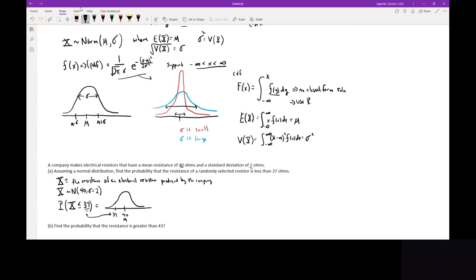And then I like to draw, maybe even in a different color, I'll put it in red. I like to say, okay, I'm going to find the probability that I'm inside here, so I'm going to let that be P. How would I find that?